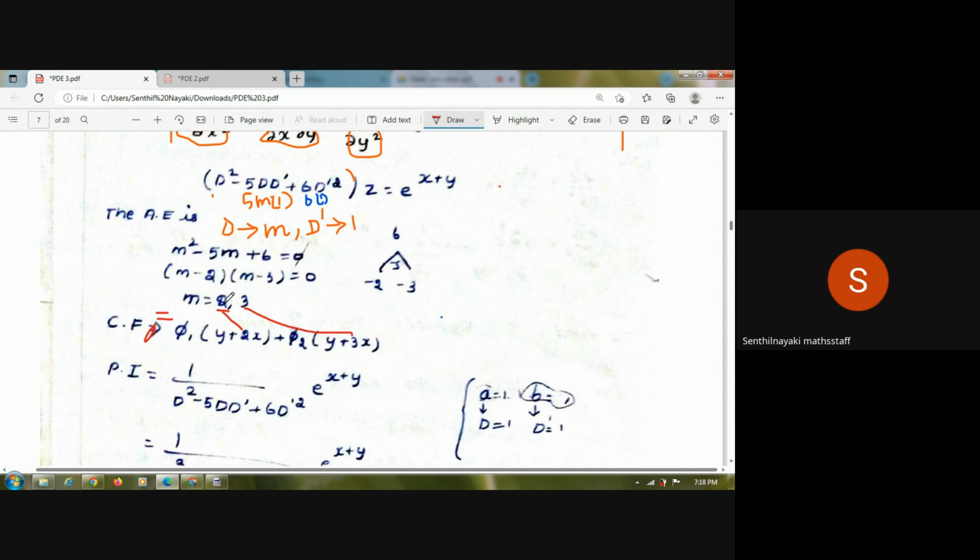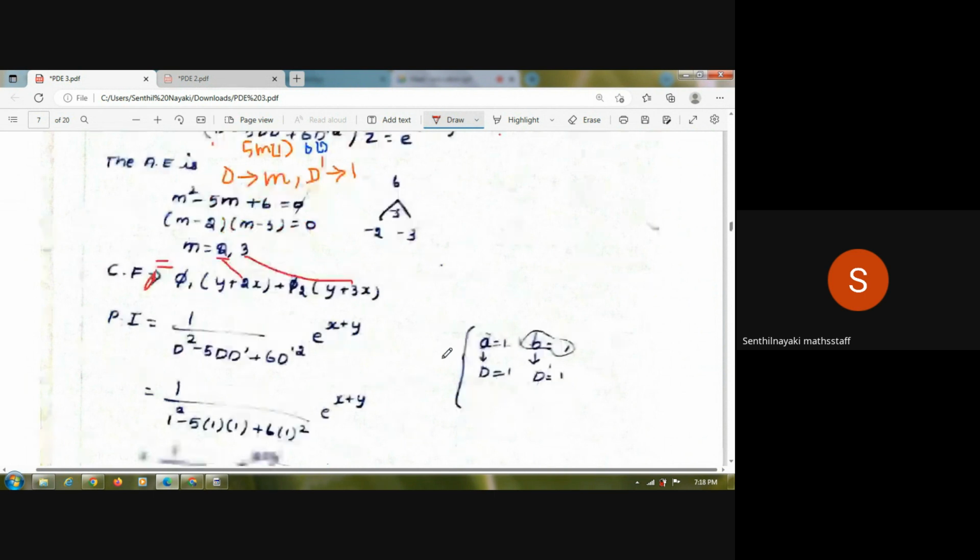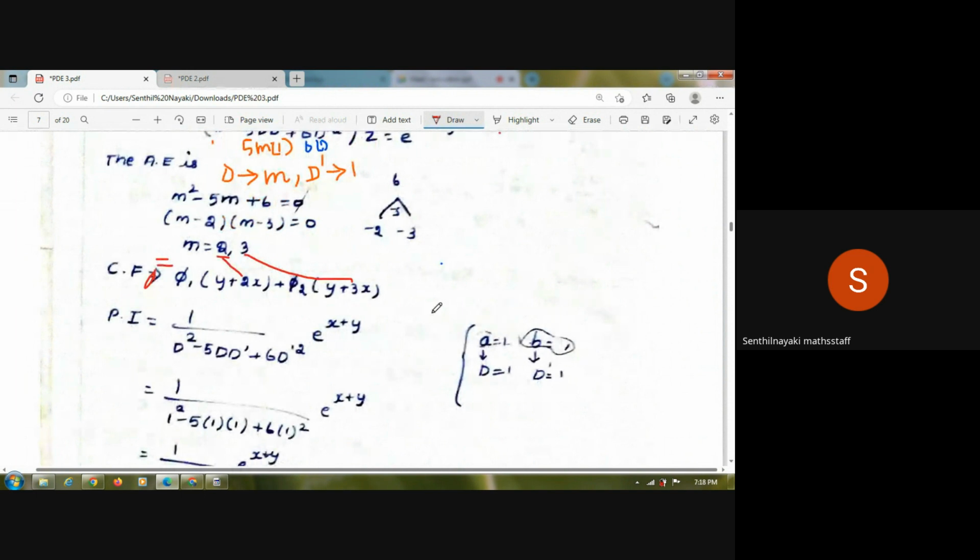Suppose 5 and 6 are roots, then we can write pi 1 of y plus 5x plus pi 2 of y plus 6x. This is an example. Now we have to find the particular integral. Particular integral means 1 by d square minus 5d d dash plus 6d dash square, e power x plus y.